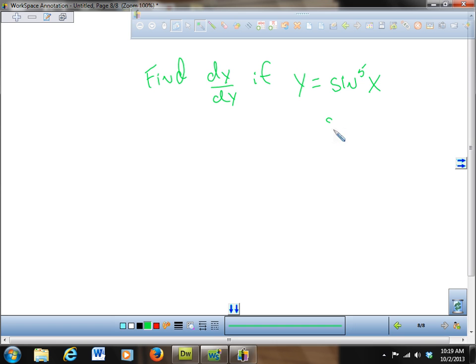So again, this is the same as sine of x to the 5th power, right? That's equal to that. So now take the derivative of that.